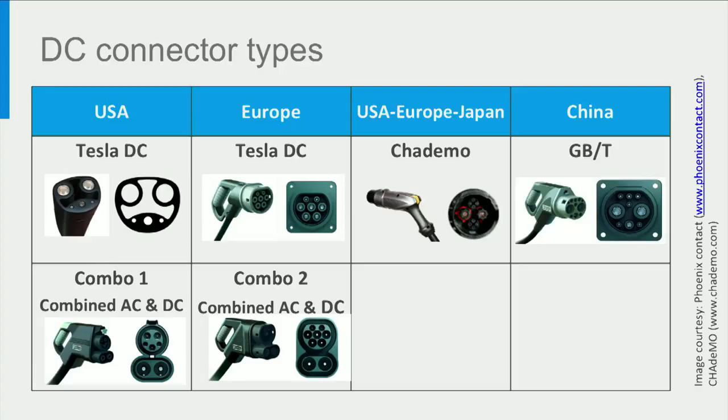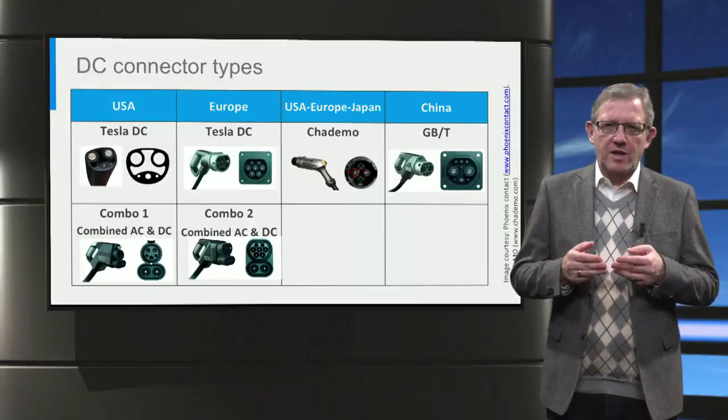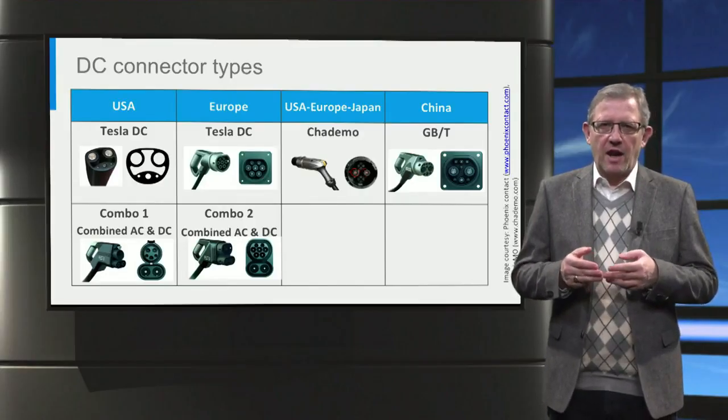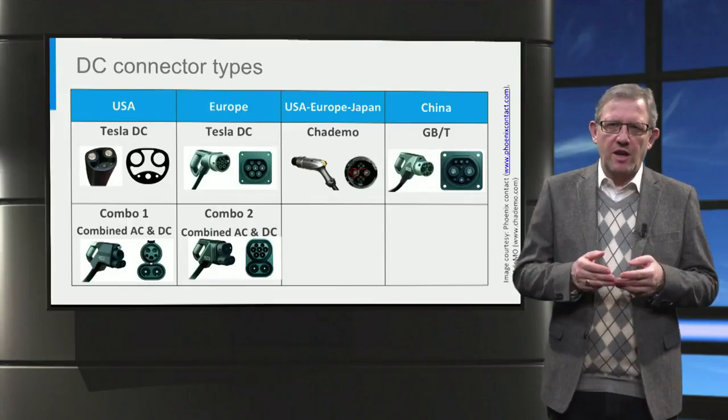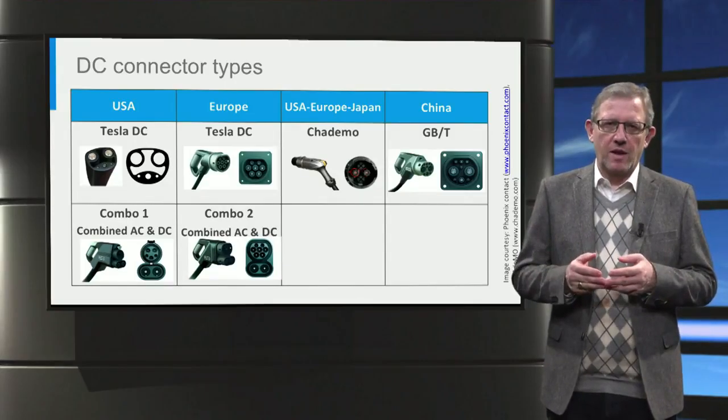Interestingly, Tesla uses the same connector meant for AC charging for DC charging as well. In the case of China, they have their own DC connector. The conclusion is that the electric vehicle industry has not agreed on one specific connector, so depending on the car brand, country, and whether it is AC or DC charging, the connector varies in shape, size, and pin configuration.